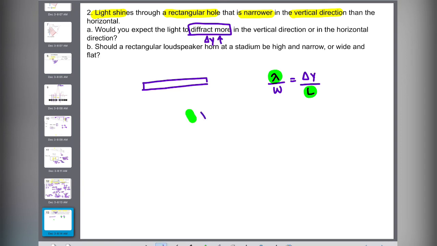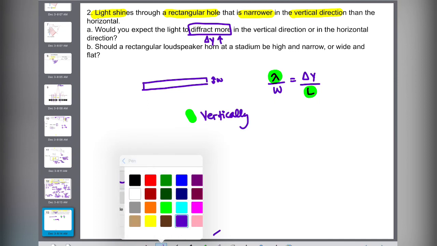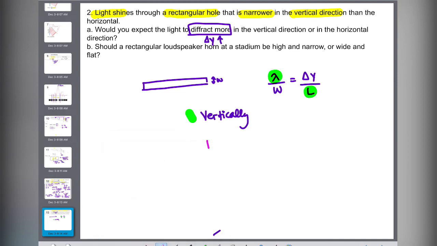If I'm looking at vertically, this is your w, versus if I look at horizontally, let's change color. If I'm shining the light through horizontally, your w is this wide.